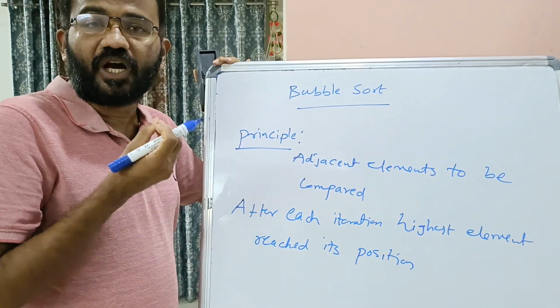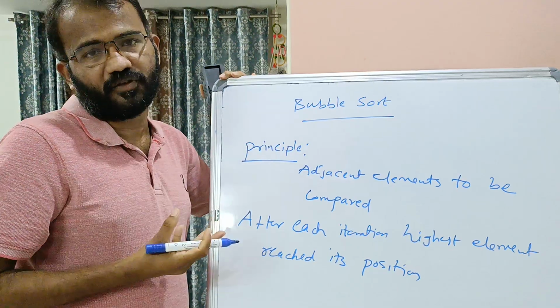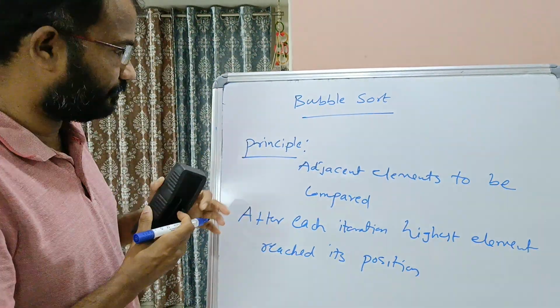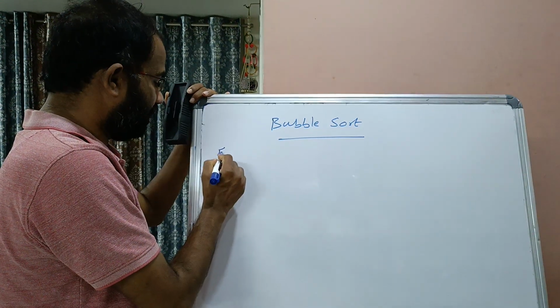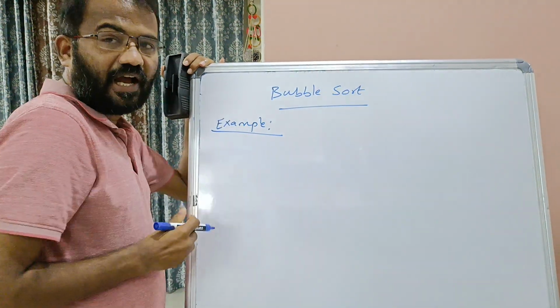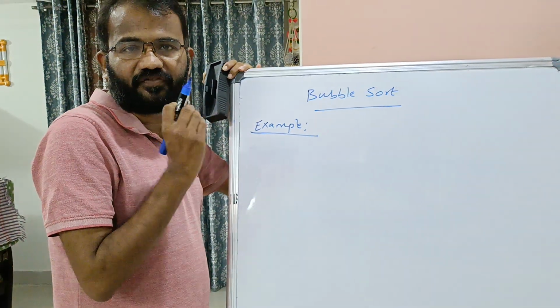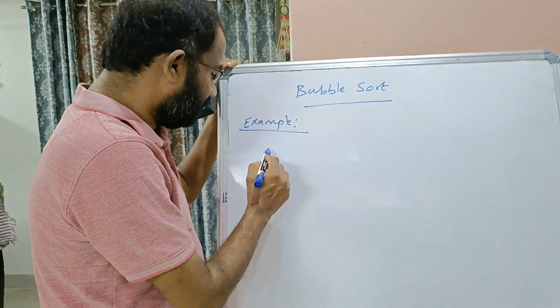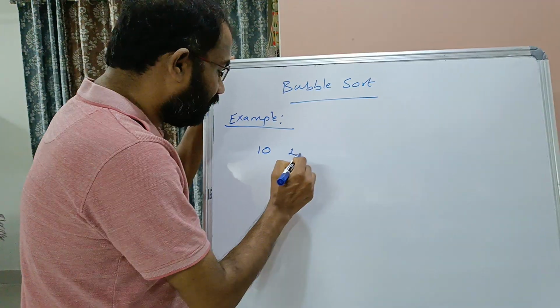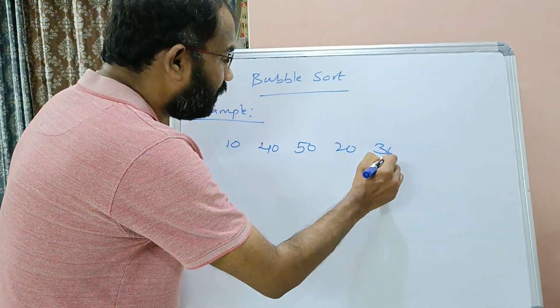Now we are going to discuss one example of bubble sort. I am going to take an array with 5 elements: 10, 40, 50, 20, 30.